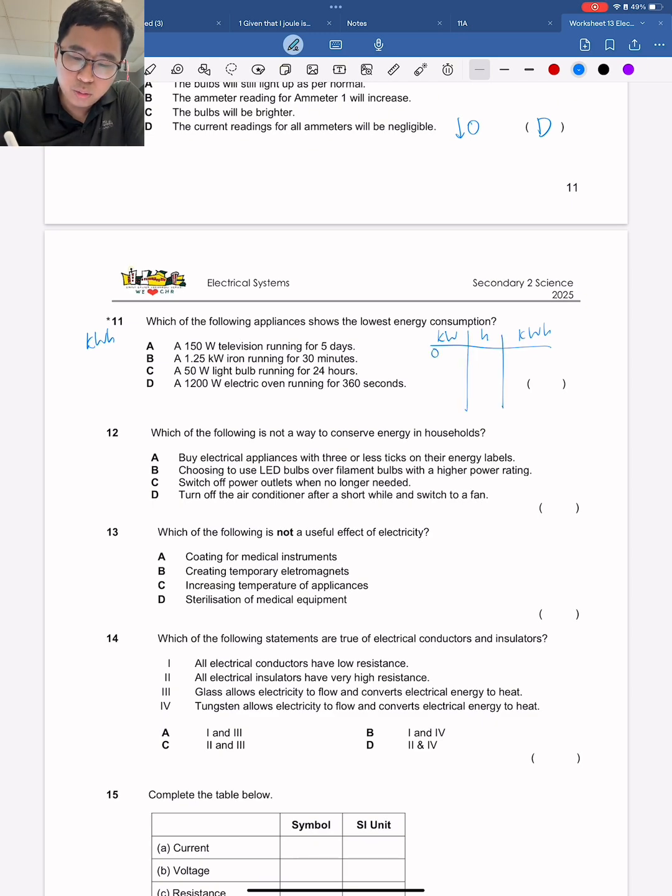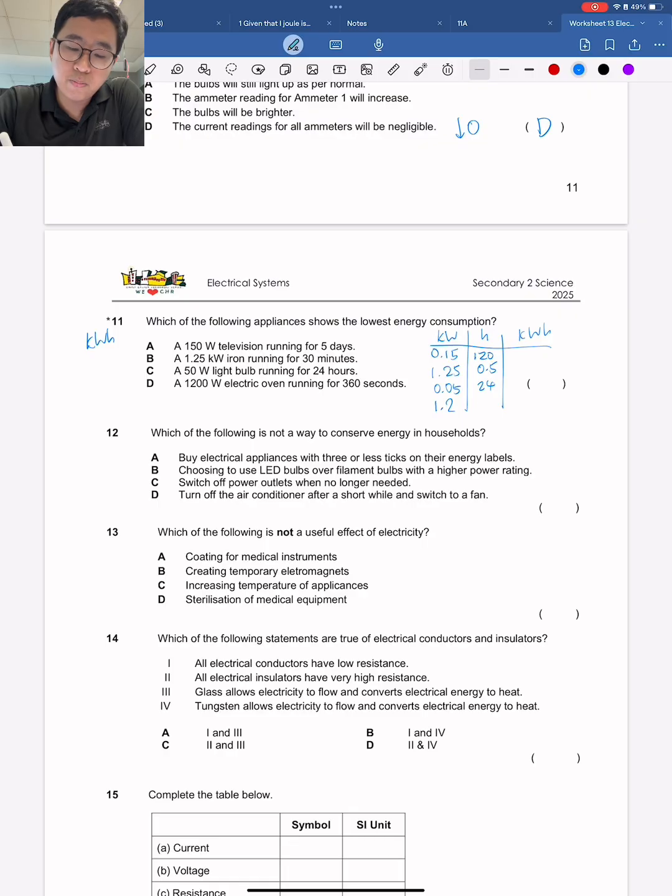So this is 0.15, then this is 24 times 5 is 120, this is 1.25, and this is 0.5, this is 0.05, this is 24, this is 1.2, and 360 seconds is 6 minutes.